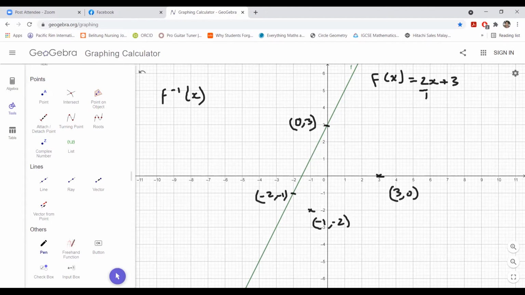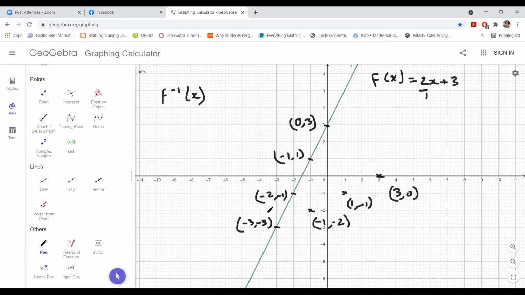And notice this one here is -1, 1. And that would become 1, -1. 1, -1 here. Notice how we get another straight line, don't we? And at one point, they will be the same. You see this -3, -3.